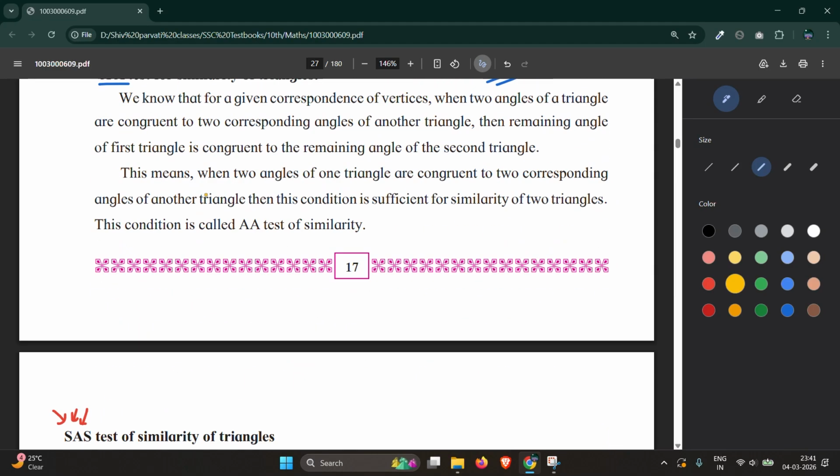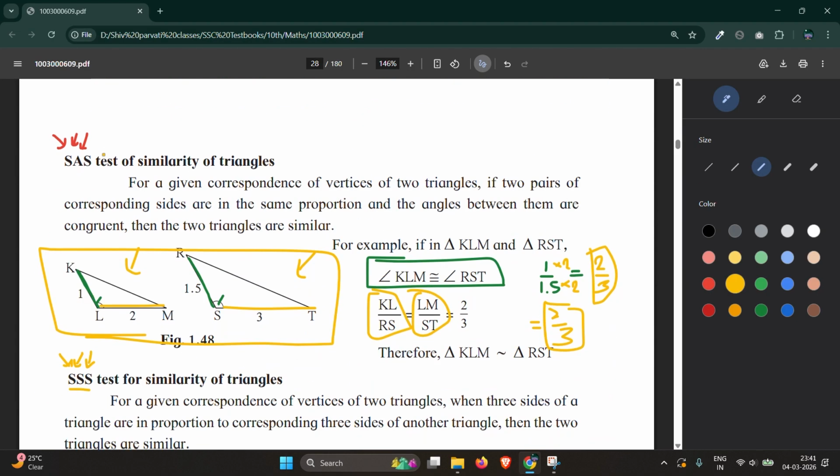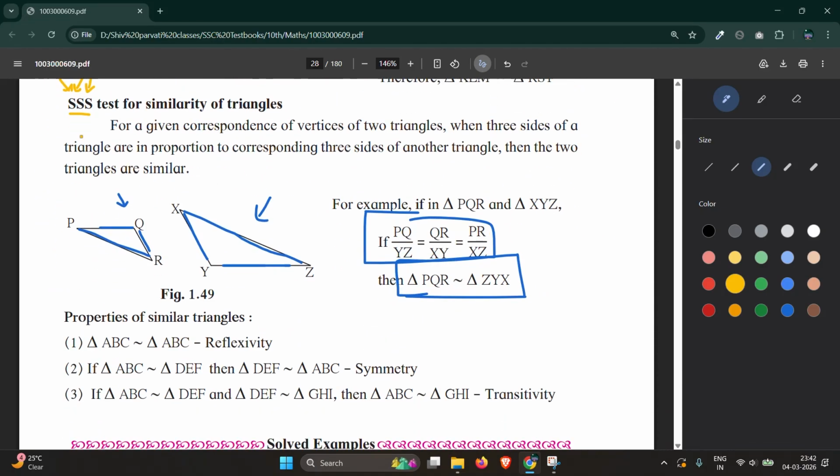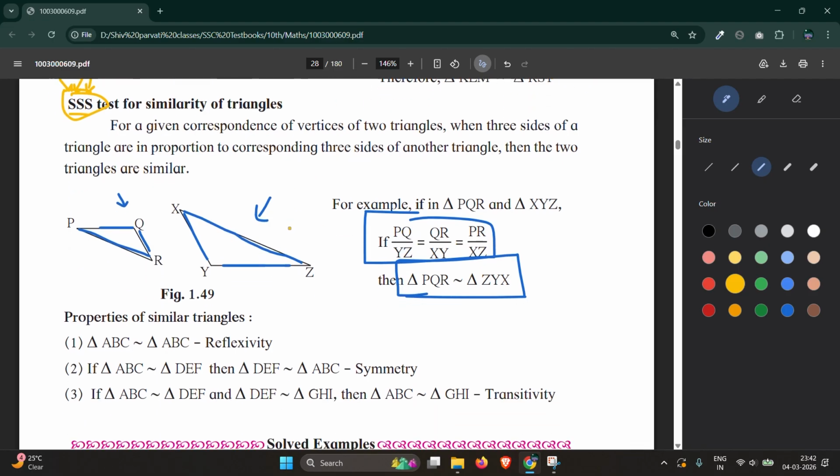You just have to remember what the tests are. If two angles are the same, or if an angle and the sides making that angle are in the same ratio, and finally, if all three sides are in the same ratio, then you can say that the two triangles you're comparing are similar.